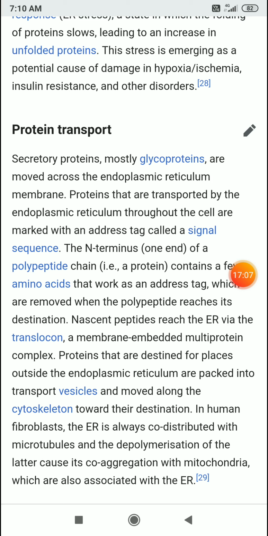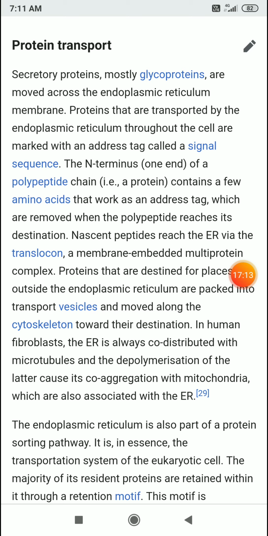The N terminus, one end of a polypeptide chain, contains a few amino acids that work as an address tag, which are removed when the polypeptide reaches its destination. Nascent peptides reach the endoplasmic reticulum via the translocon, a membrane-embedded multiprotein complex.